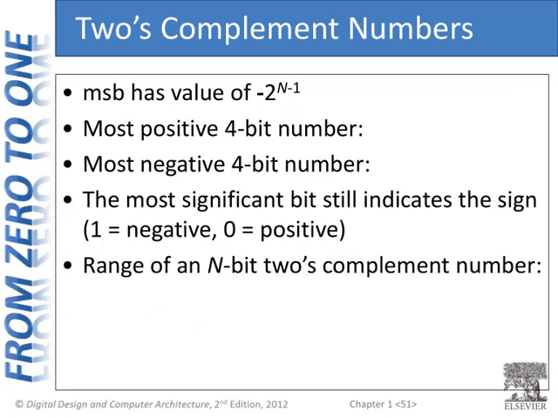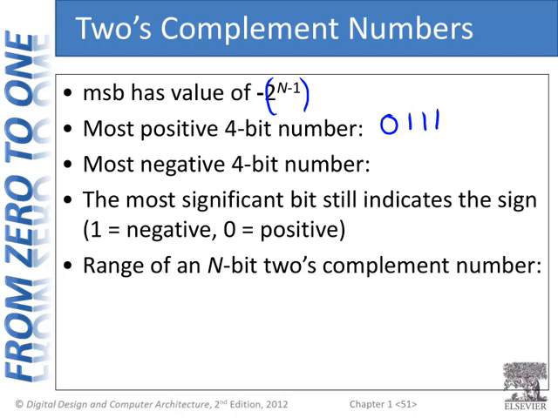So for 2's complement numbers, the most significant bit, the MSB, has the value of minus 2 to the n minus 1. You can do this. The most positive 4-bit number would have a 0 in that most significant bit for sure, and then the highest value in the remaining bits.